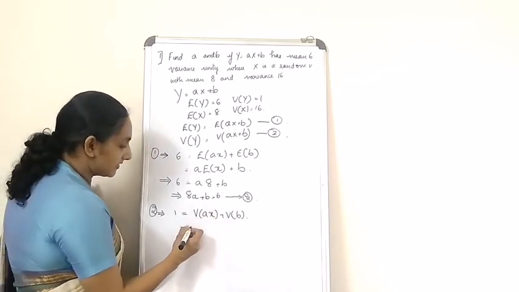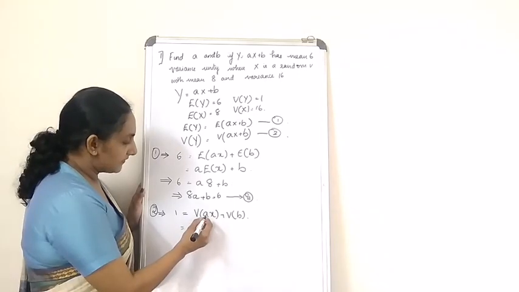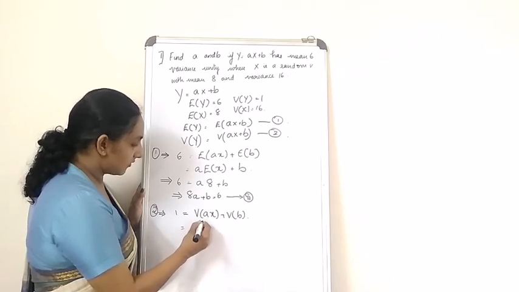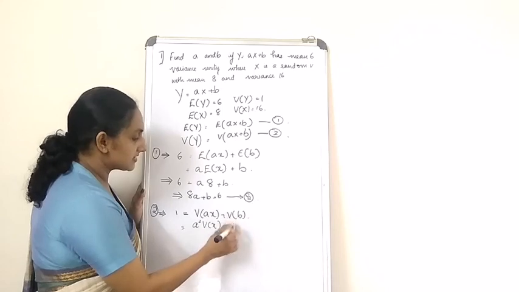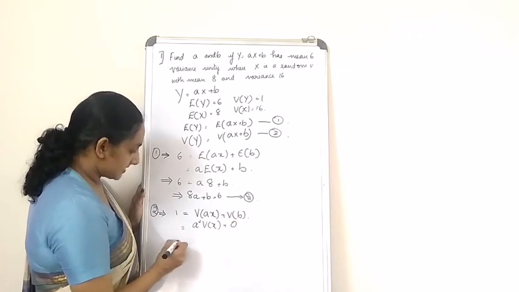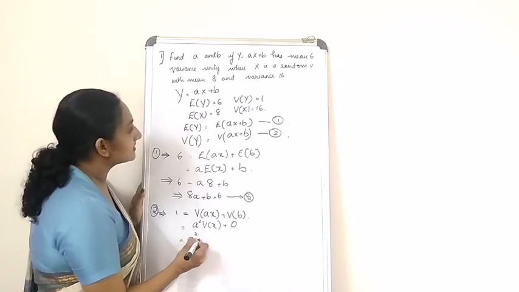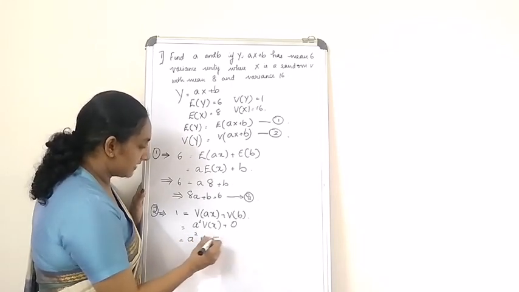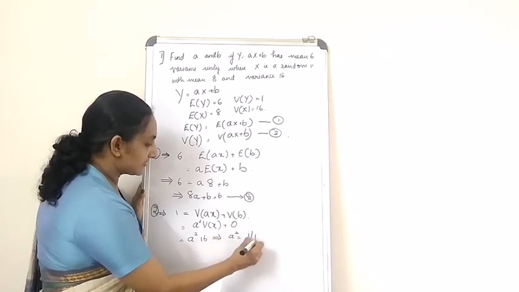When I take a outside, it is nothing but a square variance of x, and the variance of a constant is 0. So I get a square variance of x. Instead of variance of x, I can substitute 16, which implies a square is equal to 1 by 16.